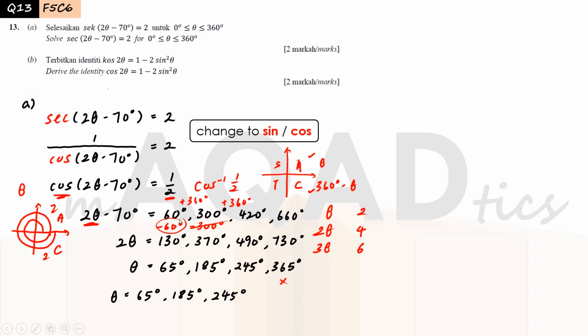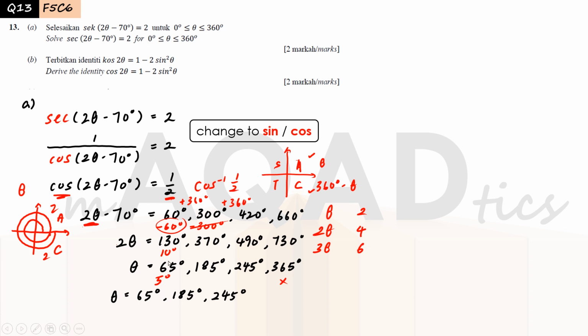And now, if we want to include this as our answer, we need to apply back these things, which is plus the 70 and then divide by 2. Okay, so once we add 70, it will be 10. And once we divide by 2, it will be 5 degrees. So you see, once I change everything, this 5 is actually inside this range.